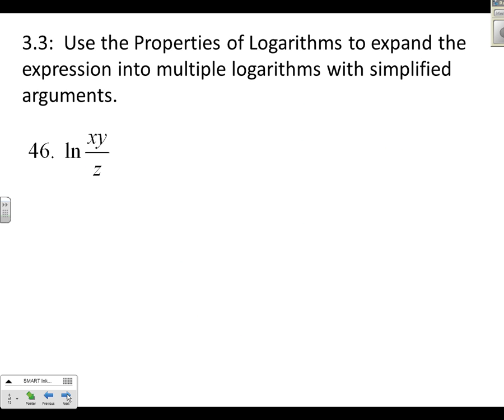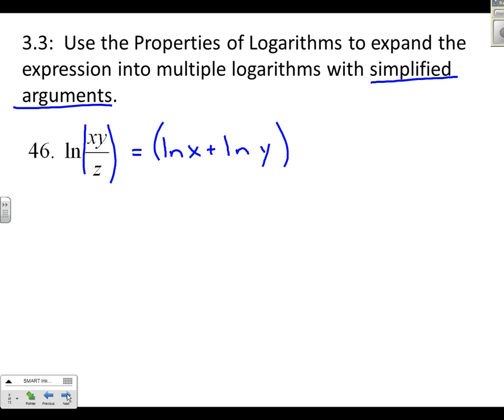Okay, use the properties of logs to expand the expression into multiple logarithms with simplified arguments. Right now, I have an argument of xy on z. I want to simplify that. Okay, if the entire numerator is factored and the entire denominator is factored, all the factors in the numerator can be summed together with different logarithms. So this is ln x plus ln y.